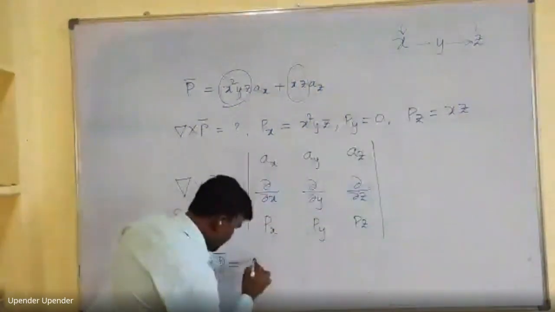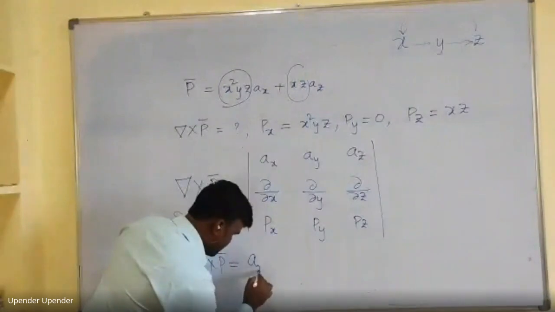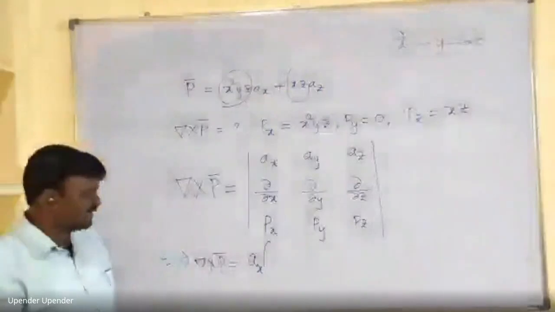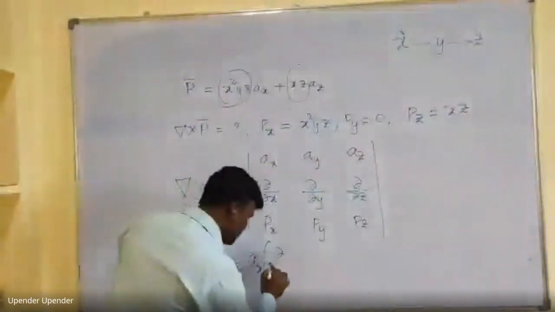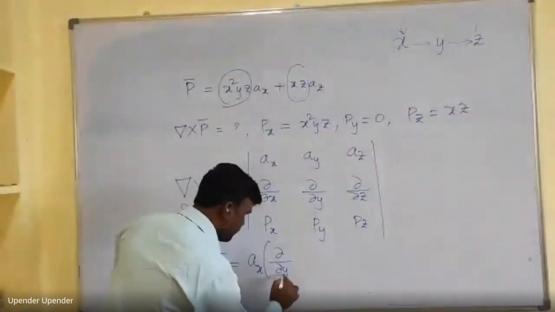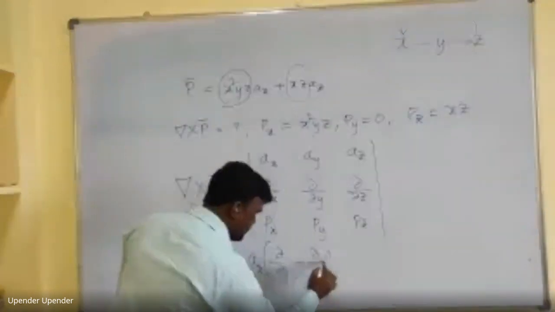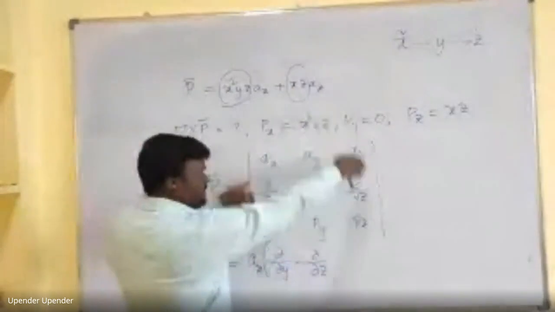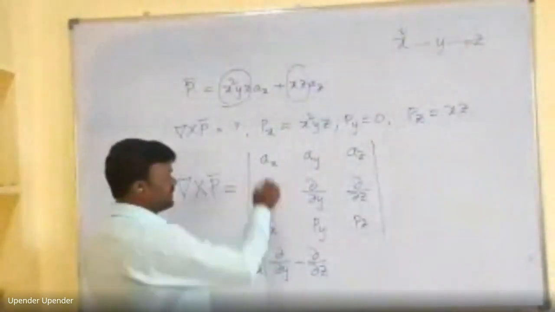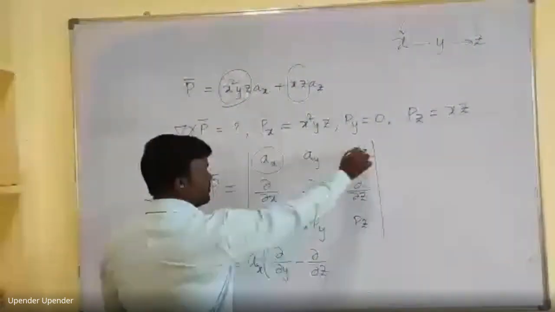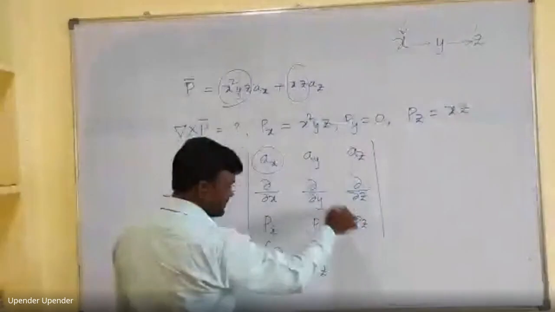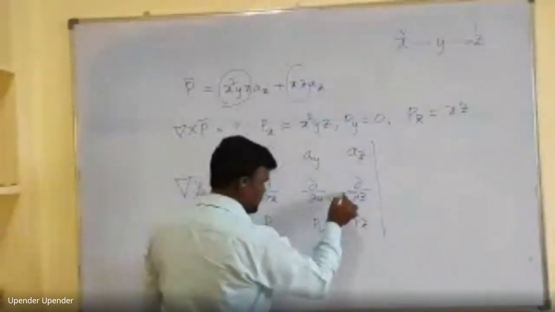Start with the unit vector along x direction ax. Here x is over, remaining are y and z. After x you need to take dou by dou y minus dou by dou z. The expansion of this determinant: take this ax, eliminate this row and this column, take the cross product like this. That is dou by dou y Pz minus dou by dou z Py.